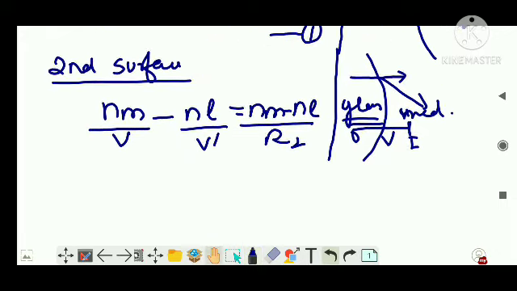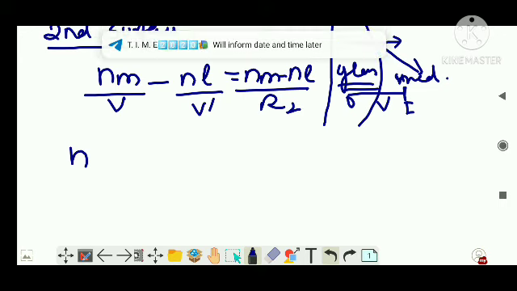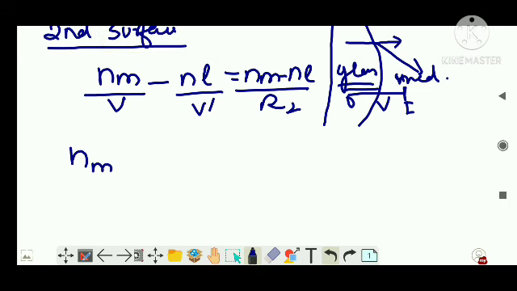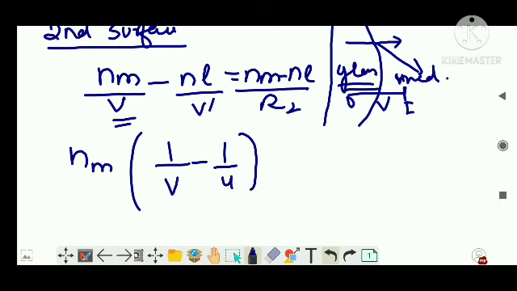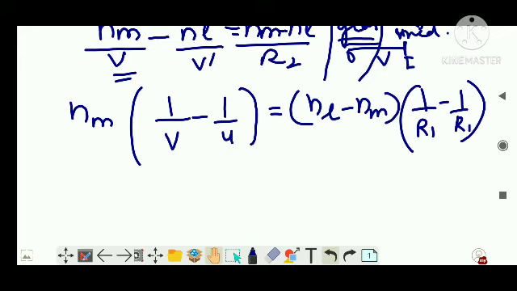Clear? Right. Now we are going to add them. NM by V minus NM by U, why? NM is common, and the V dash terms cancel, so it is equal to NL minus NM times 1 by R1 minus 1 by R2. Check whether it is true by looking at what you have written in the notebook.